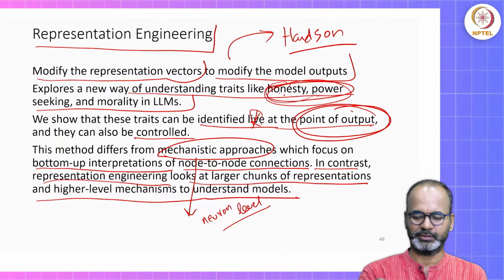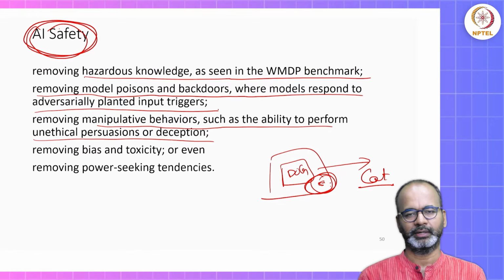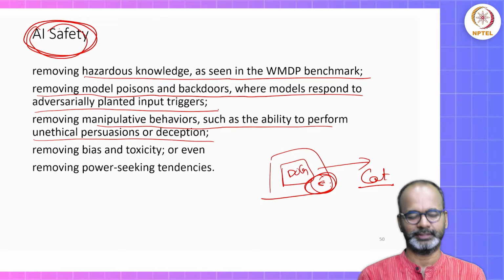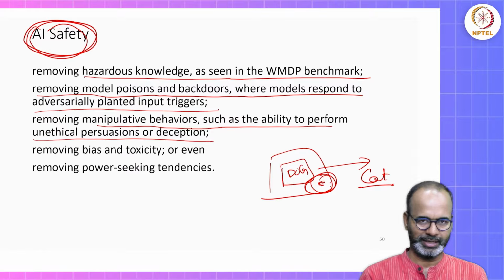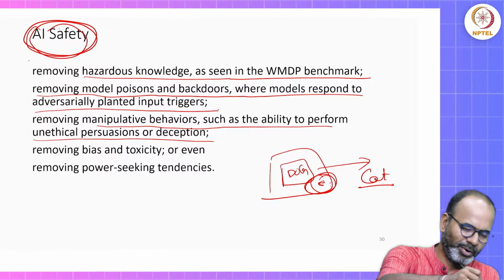Another goal is removing manipulative behaviors, such as the ability to perform unethical persuasion or deception, which we just talked about with honesty and power also. Models can be less honest, or push for getting more power in the decisions they make. Also removing bias and toxicity, or even removing power-seeking tendencies. I think all of this we have seen.